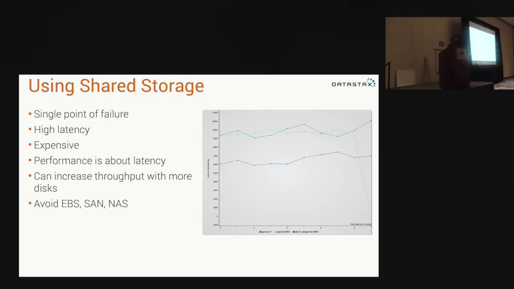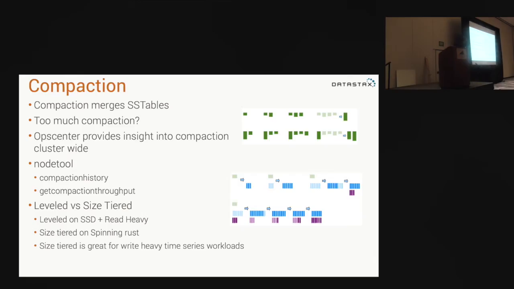The other thing you have to take into account is that you're still accessing a drive over the network, so you just have more latency than you're ever going to have when you talk to a local drive. You always want to use local ephemeral storage if you're going to be using Cassandra on Amazon. And even on GCE, there are instances with local solid state drives, and they just kill it. So that's the way to do it.